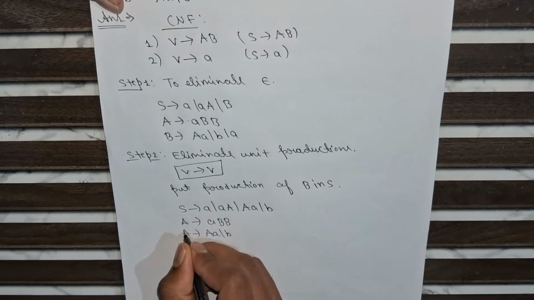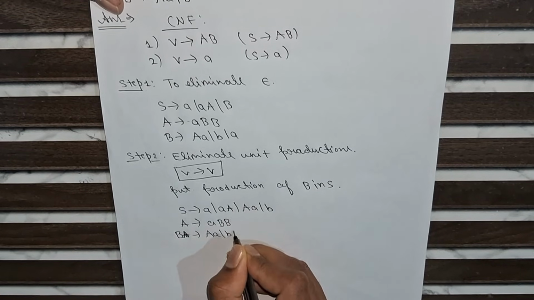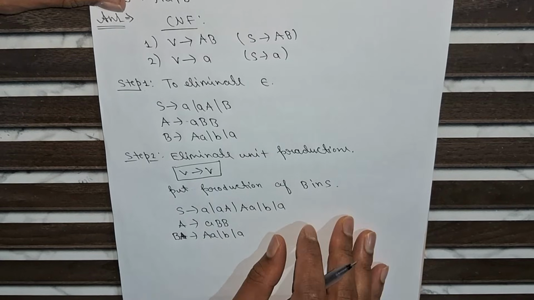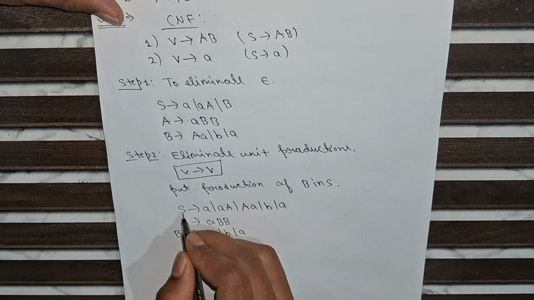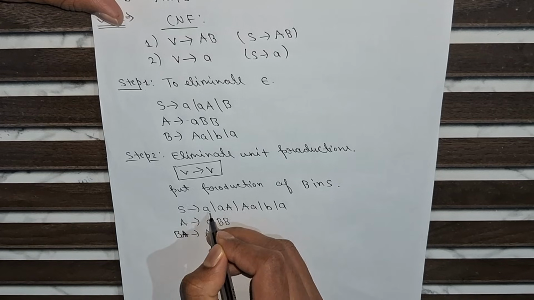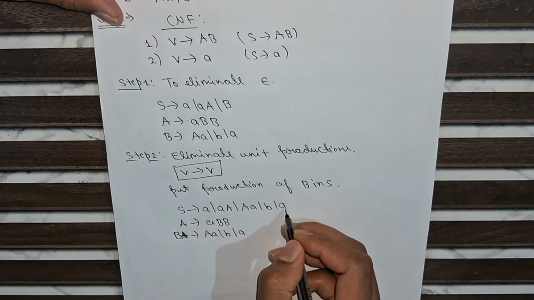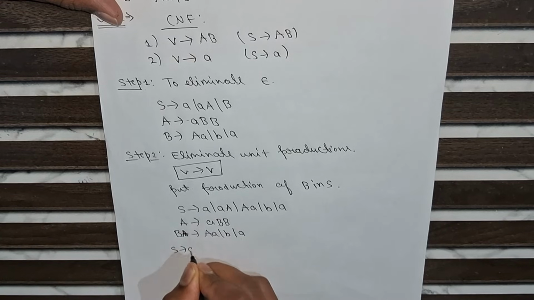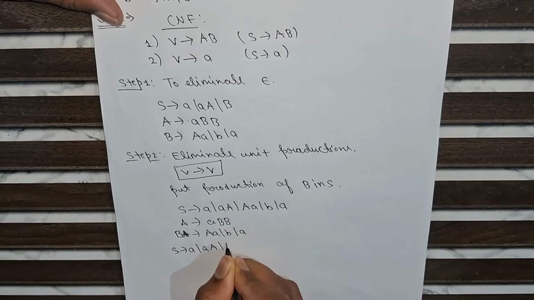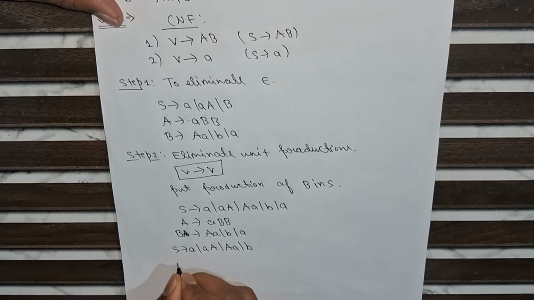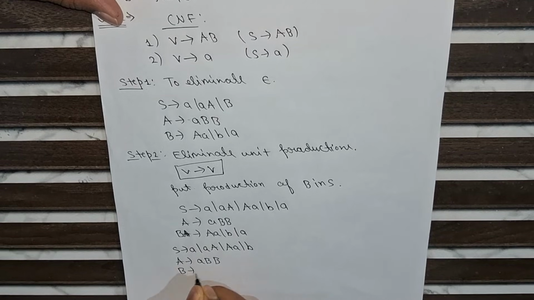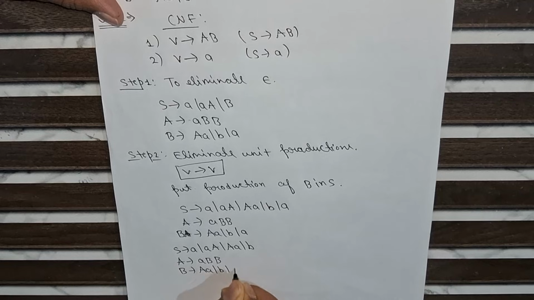Sorry, this is B, and here one more is a, here also a. As we already know that S already has the production a, I will not write this production again in this S production. So I will write this in a simple way, a and B. Now A becomes ABB and B becomes BA and a.